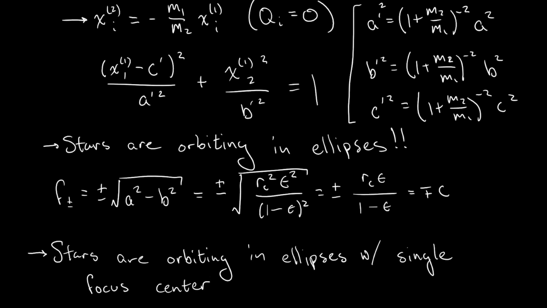Well, in this case, we can see that the focus is centered at the origin, but we know that we fixed the origin to be the center of mass, right? We fixed the center of mass to be at 0. So the stars are going to orbit around the center of mass. So again, pretty cool. And again, we didn't have to solve that transcendental equation to get this information.